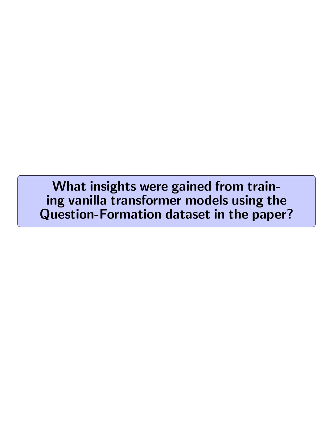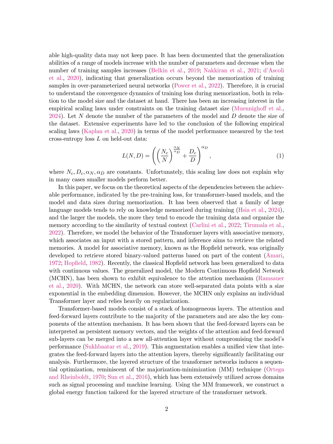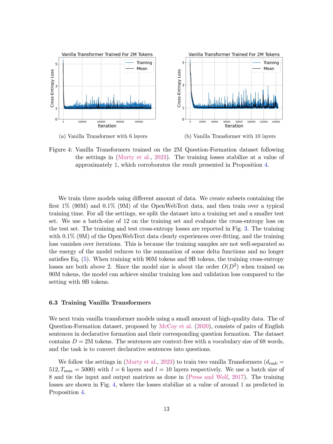What insights were gained from training vanilla transformer models using the question formation dataset in the paper? Training vanilla transformer models using the question formation dataset provided insights into the convergence dynamics of the models. The training losses for the vanilla transformers stabilized at a value of around 1, as predicted in the paper's proposition.